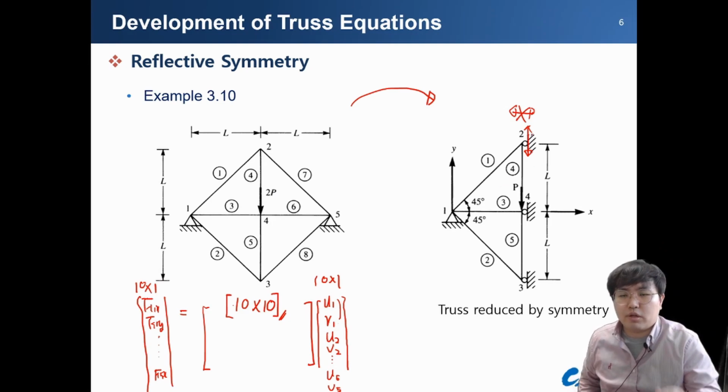The forces are reduced. It is because we cut this 2D truss system in half, so the truss element has half the size of the cross section area, and the forces also become half.